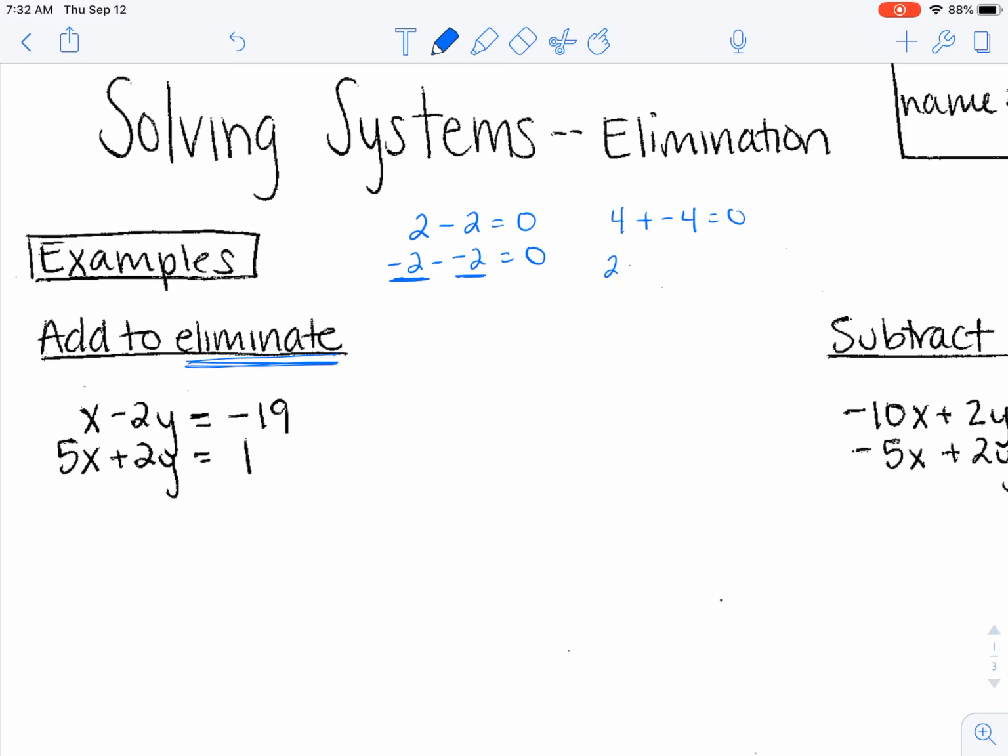And then 2 minus negative 2 will also give me, no, that does not give me 0, sorry. Negative 2 plus 2 gives me 0. So what we're saying is that when we're adding, you have to have opposite signs. One's negative, one's positive. When subtracting, they're the exact same number, exact same sign.